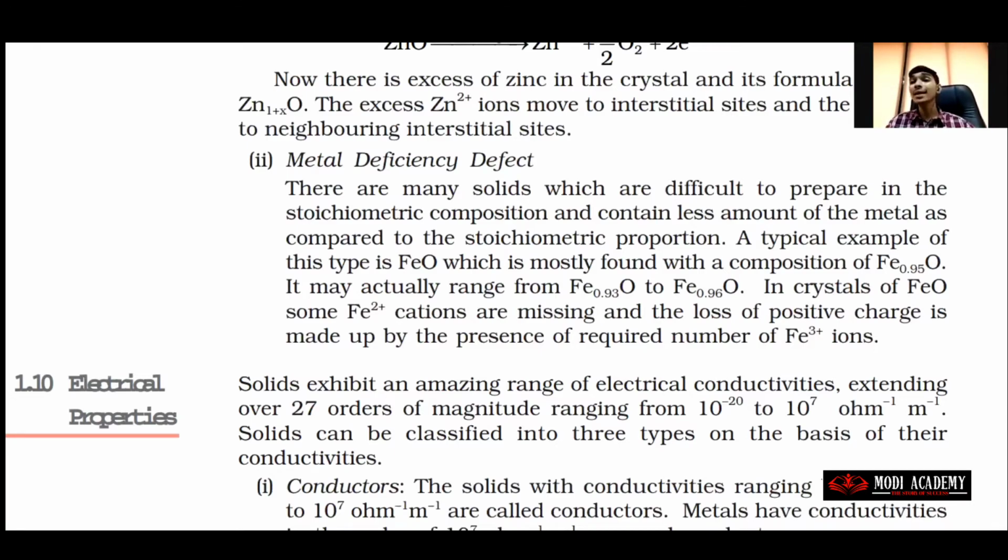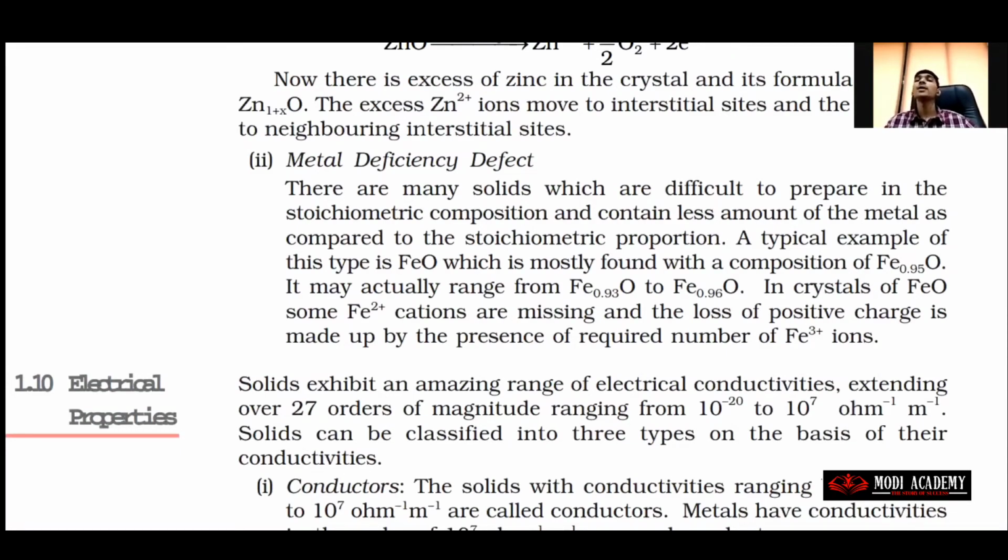So in a crystal of FeO, some Fe2+ cations, मतलब जो Fe+2 जहां पर होने चाहिए वो कौन रिप्लेस कर रहा है, तो Fe+3 रिप्लेस कर देगा। बिकॉज हमको रिक्वायरमेंट 2 का है बट कोई एटम 3 दे देगा, उसका मतलब कि हमारा रिक्वायरमेंट कम हो जाएगा ना। So in crystals of FeO, Fe2+ cations are missing and the loss of positive charge is made up by the presence of the required number of Fe3+ ions.